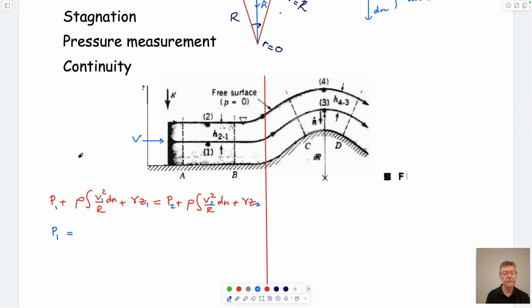And so if R equals infinity, then this drops out, and this drops out. And so you're left with just these terms, which are P1 is equal to P2 plus unit weight of Z2 minus Z1.